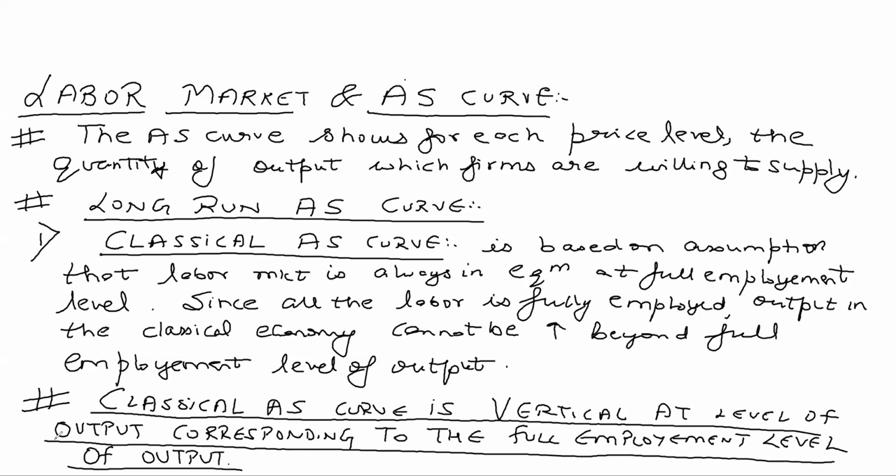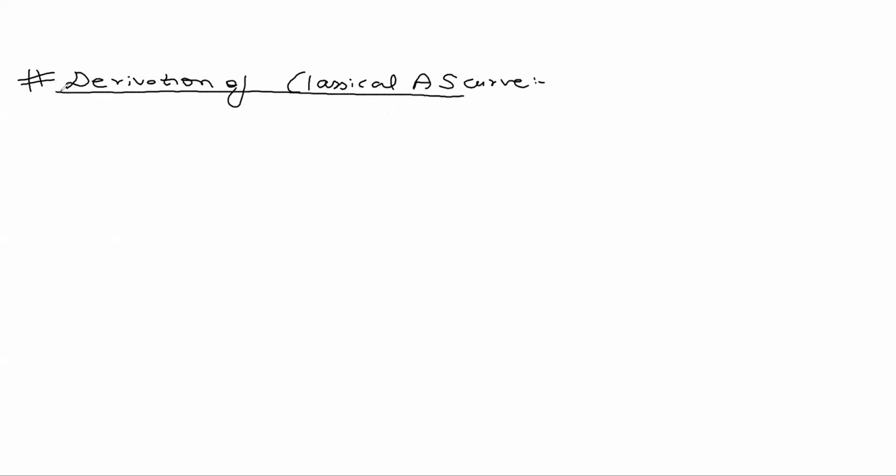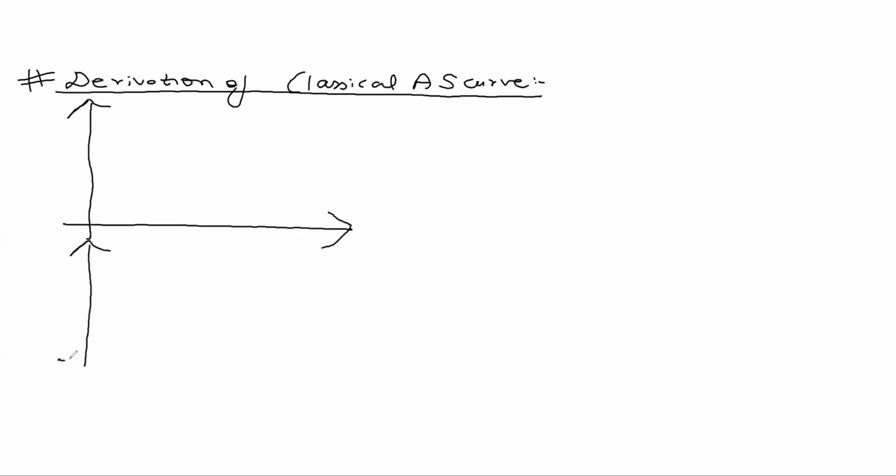We can derive that. So let's derive it. Derivation of the classical AS curve. So we have three markets you can see. One is the labor market. So we have three diagrams.